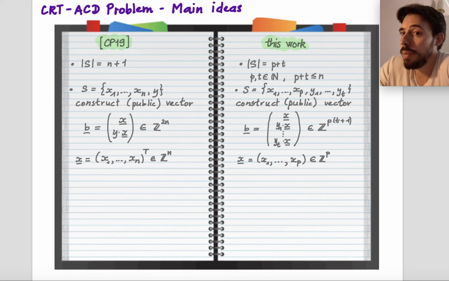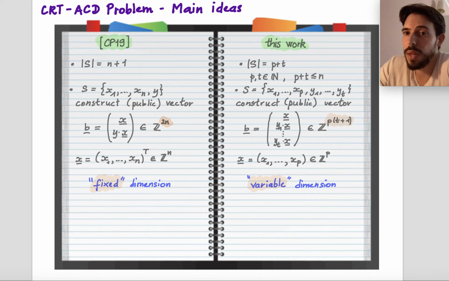Now, this dimension here is p times t plus 1, and it is exactly this point which is the difference, namely, whereas the dimension in the algorithm of Coron and Pereira is kept fixed with respect to n, it is kept variable in our algorithm, and it is precisely this point which gives us a certain flexibility towards the end to optimize the parameters p and t with respect to n.